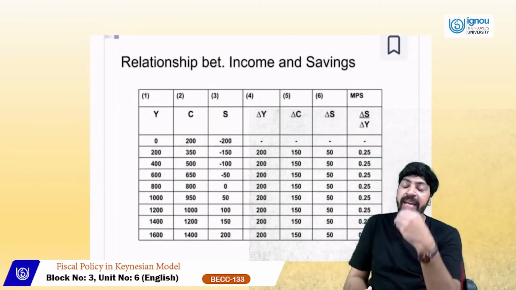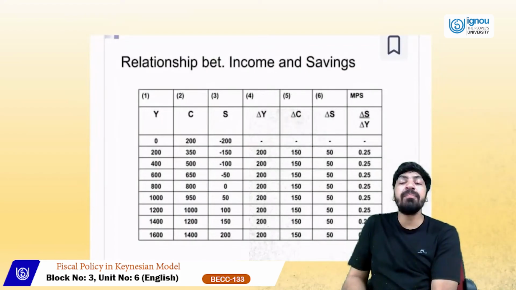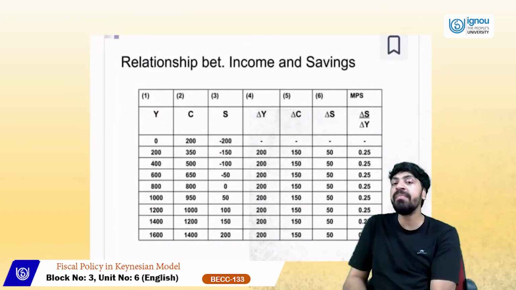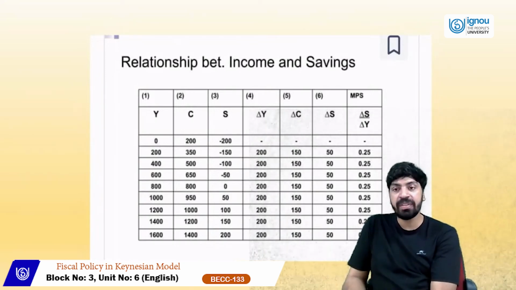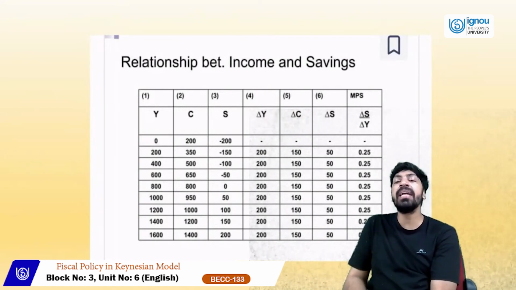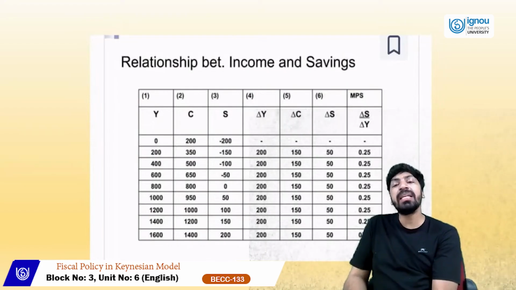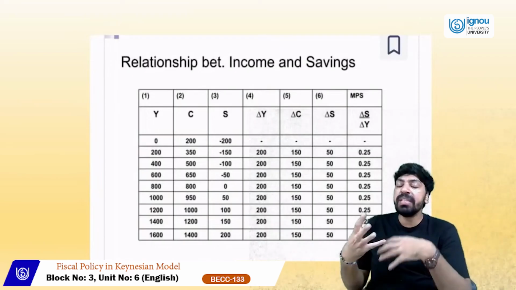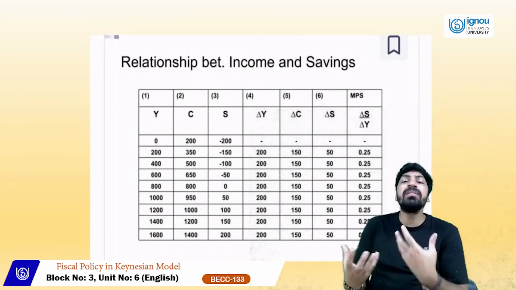As I told you, MPC is a major concept related to consumption and income. Here, when we talk about income and savings, there is MPS, the marginal propensity to save. That means delta S, the change in savings, by the change in income. So your savings totally depend on your income.